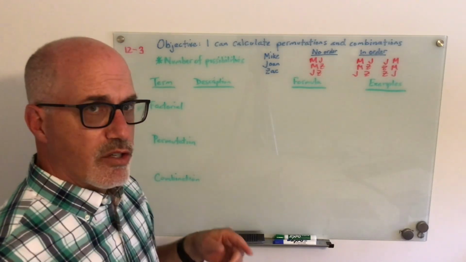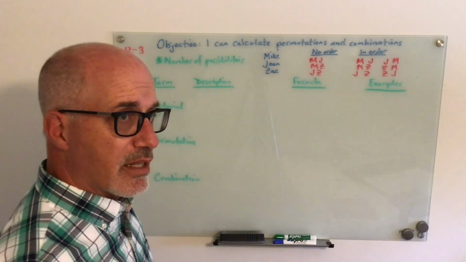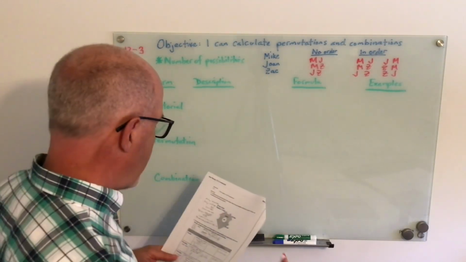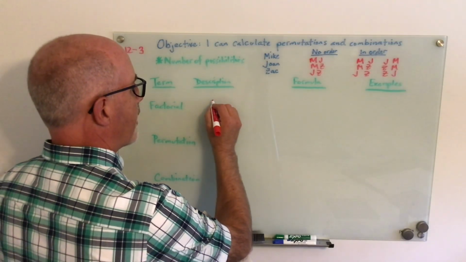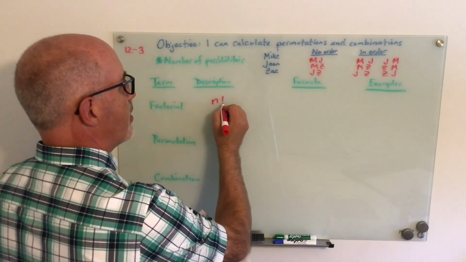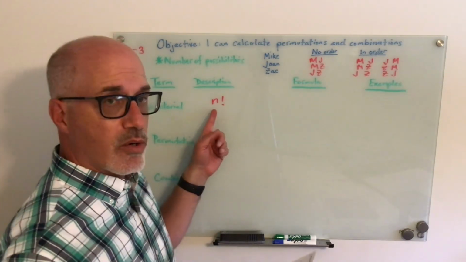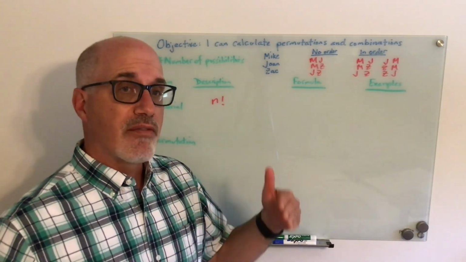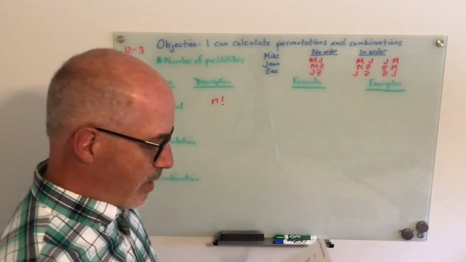So first of all, I'd like to introduce you to what's called factorials. And you may have done this in previous math classes or may not. A factorial, all it means is it looks like this. For instance, if I had n factorial, means that you're going to take whatever number that is, say it's 7 factorial, and you're going to multiply it by every integer below it, all the way down to 1.